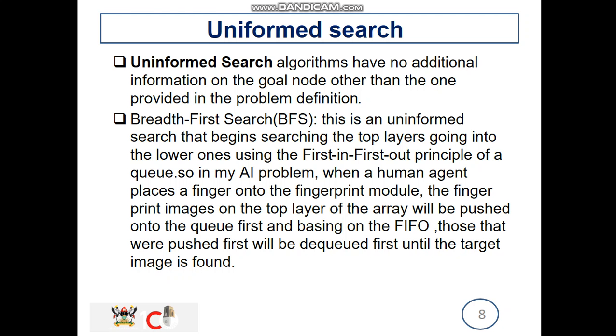Based on FIFO, first in first out, they will be dequeued or pulled from the queue, and this will be done until the images are matched and the goal determined.